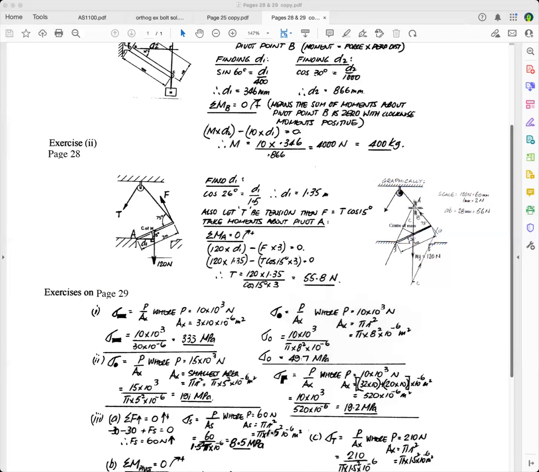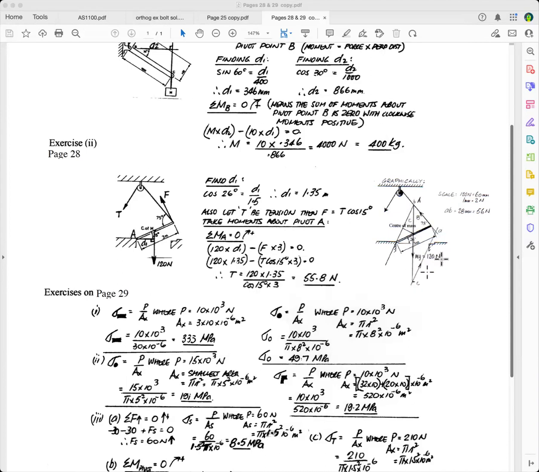We're just worried about the forces that are going into this point here. So A goes all the way around here, B goes between there and there, and C goes between there and there. And so you have to start with BC, because that's the one that you know.